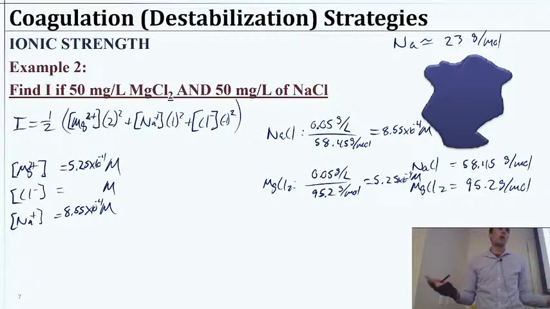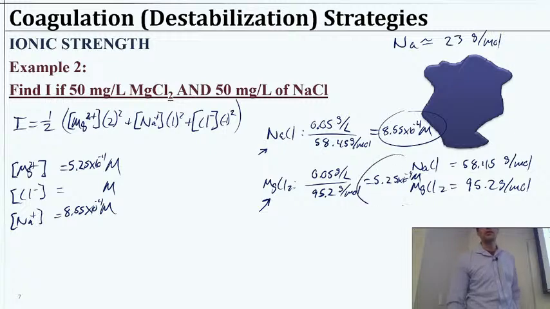And then our chloride is going to be essentially just the amount that we added from this guy plus the amount we added by adding magnesium chloride. So that should be 1 times this concentration plus 2 times this concentration. Okay? So we're just really adding it up based on where it came from.